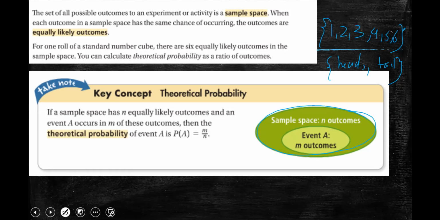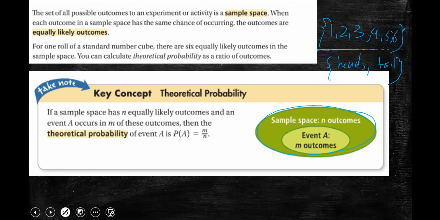I make an observation, I get data to find the experimental probability. Here I'm talking about theoretical probability. Like I have a dice, a 6-sided cube, so the only outcomes I have are 1, 2, 3, 4, 5, and 6. Let's talk now about the theoretical probability.